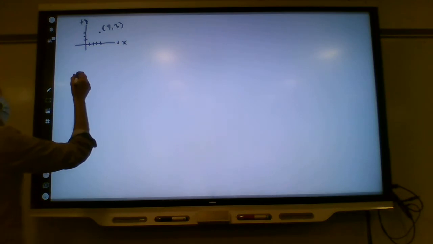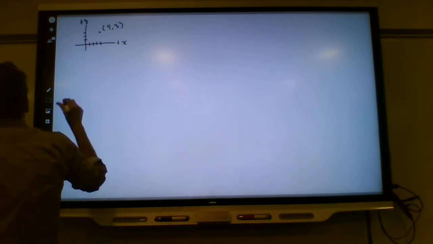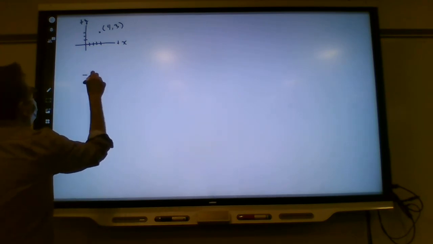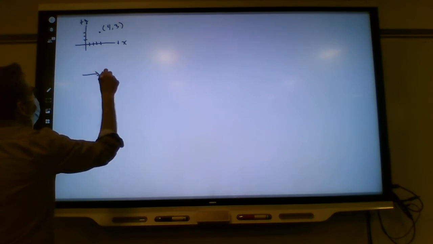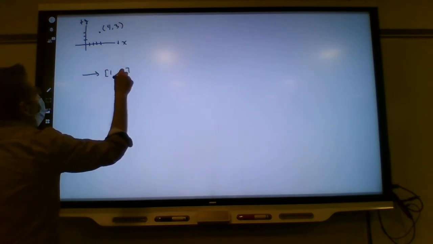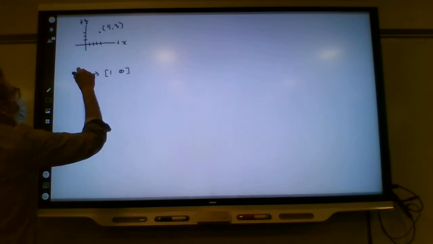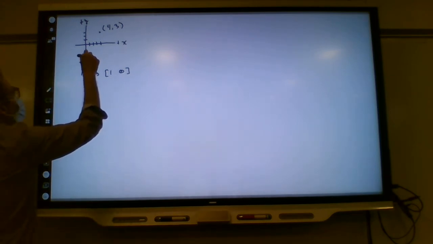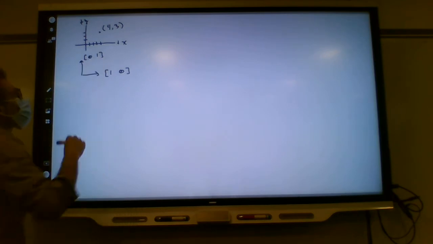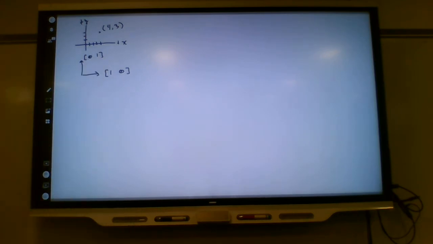If we think of this in the context of vectors, we have a vector 1, 0 that points that direction, and we have a vector 0, 1 that points that direction.